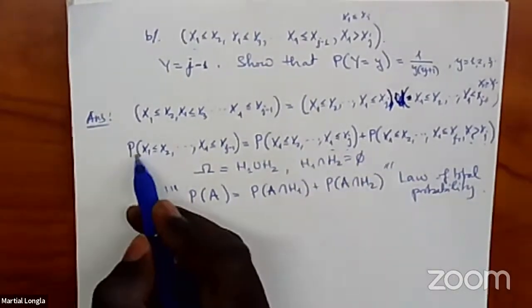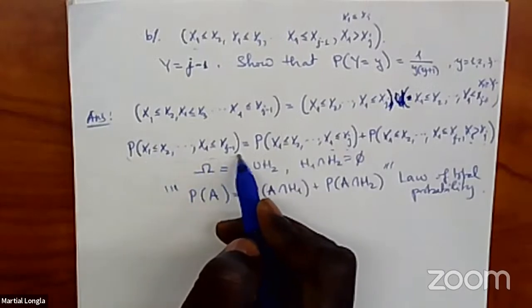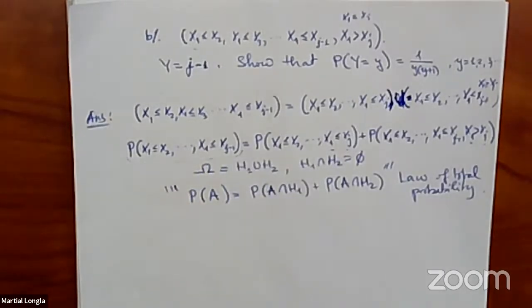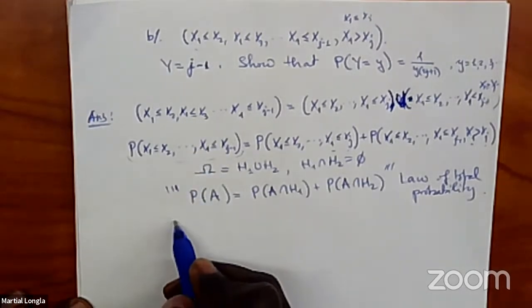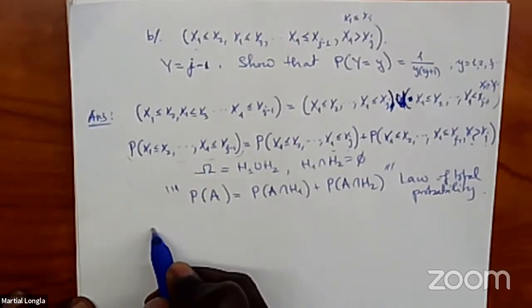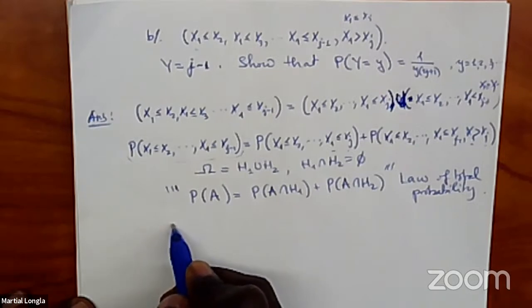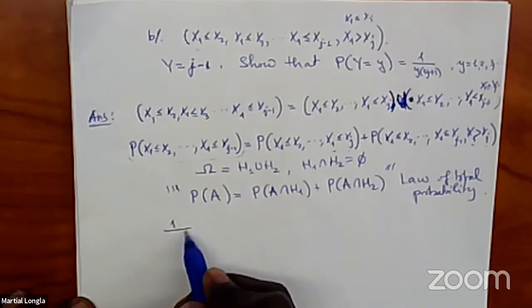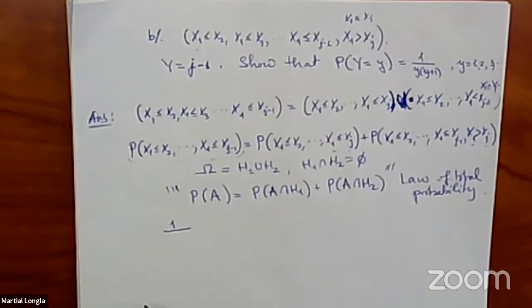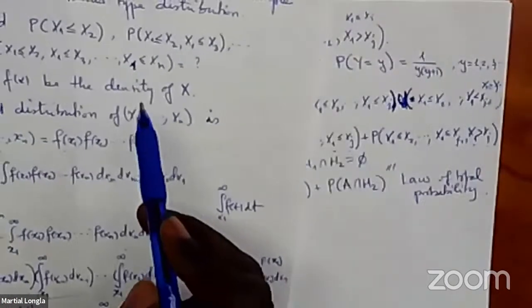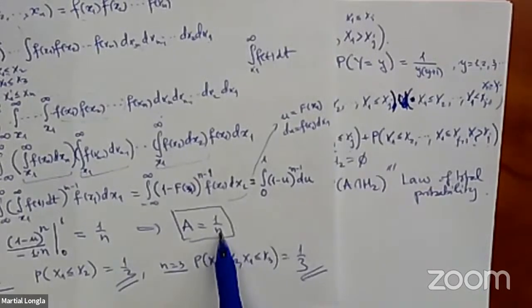So if that is the case, then this formula here says, we computed this earlier, the probability all the way up to xn is equal to 1 over n.